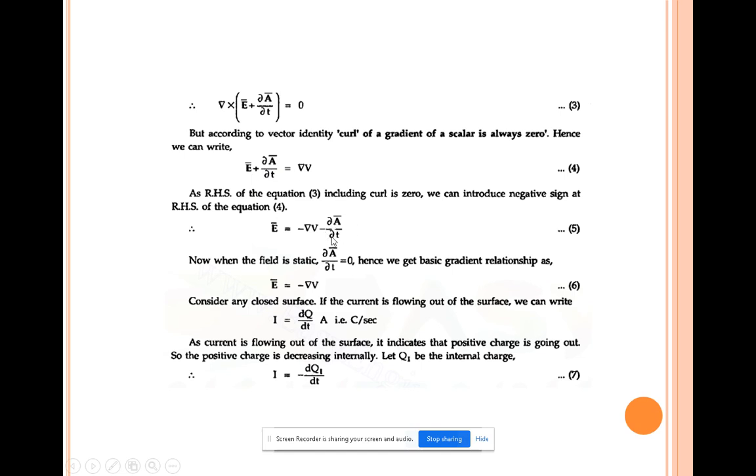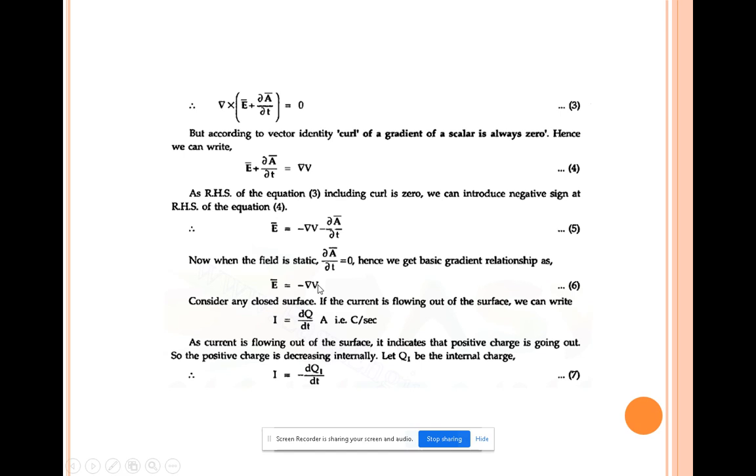Okay. Minus dou A vector by dou T. We think that this equation has a minus sign, so better you put the minus sign when writing itself. Once you put it, what is plus on this side becomes minus when it goes to the other side. That's all. Okay?